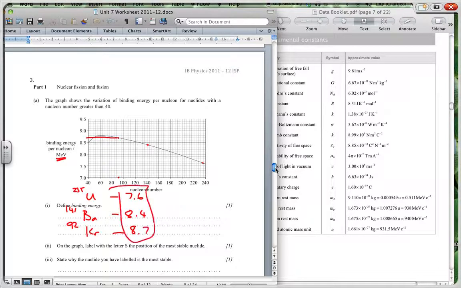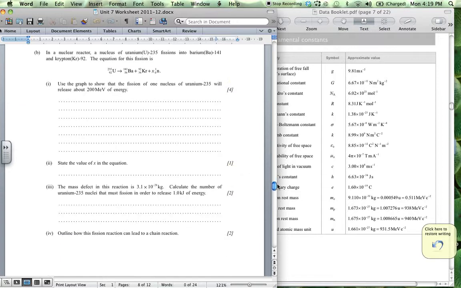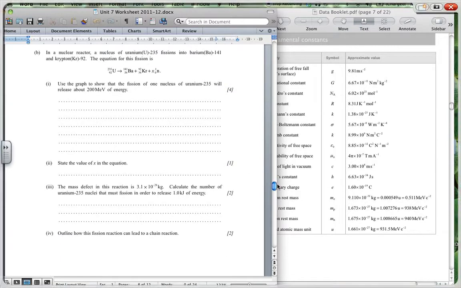So we're going to need to remember these facts, as we're going to need them. If I just go back over the page here. All right, so if I take uranium-235, the total binding energy for uranium-235 is going to be 235 times the binding energy per nucleon, 7.6, and I multiply that out and I get 1786 mega eV. That's for the uranium-235.